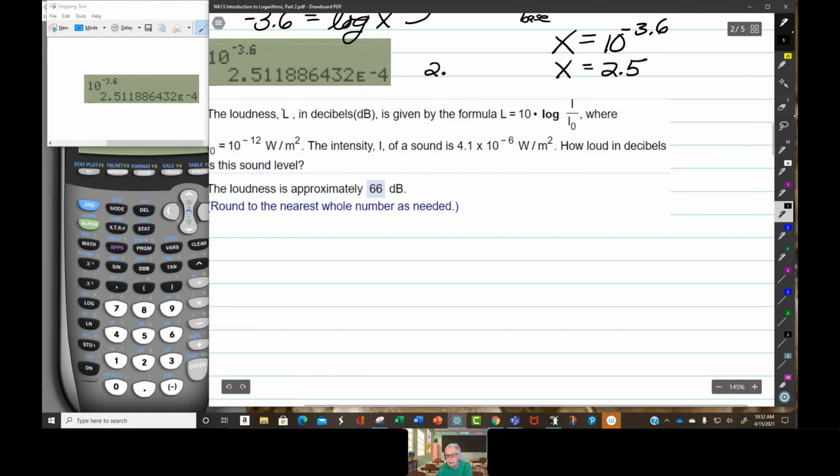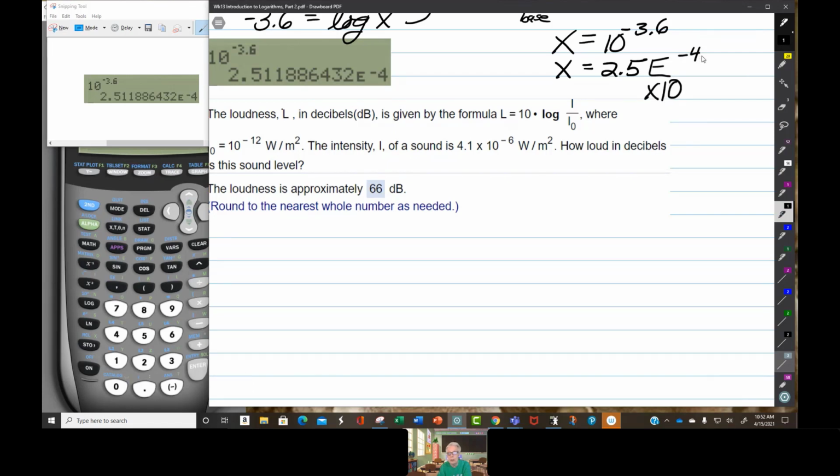And then what you see is e to the negative 4. That's not the way the answer looks, so we're going to have to translate it. The e stands for times 10.